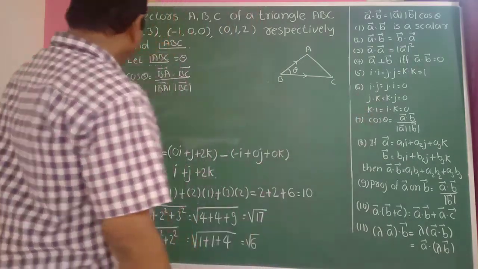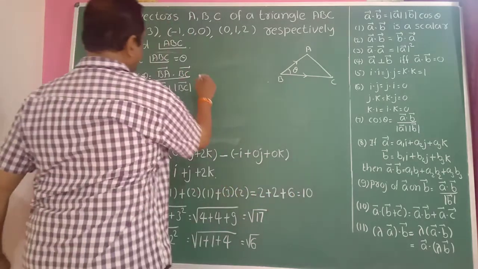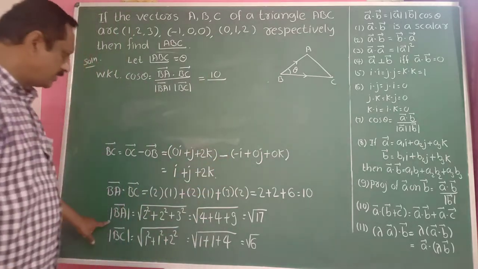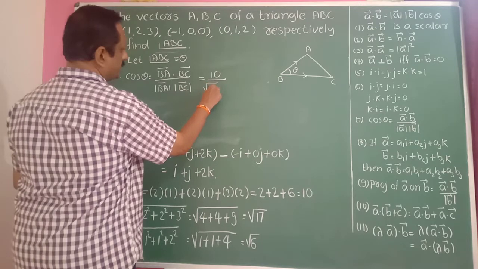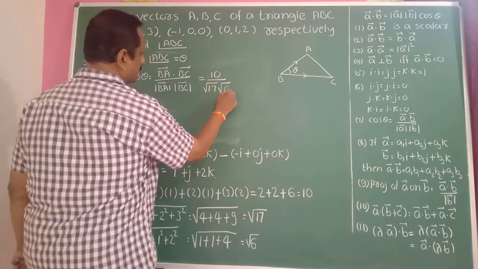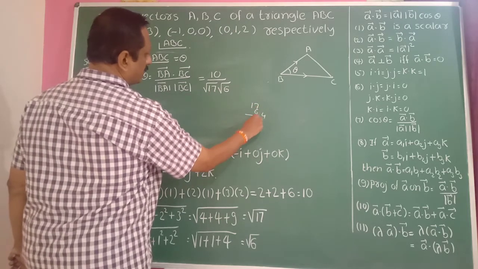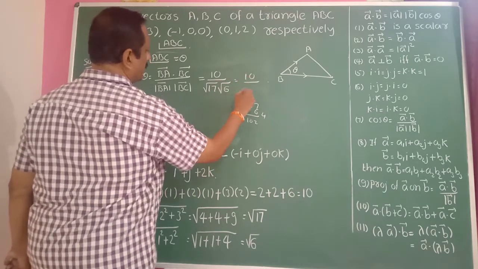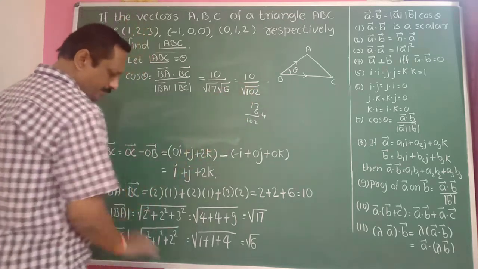Then BA dot BC has the value 10, so write 10 in the numerator. Divide by the modulus of BA, root 17, and the modulus of BC, root 6. So 17 into 6 is 102. Therefore, 10 divided by square root of 102.